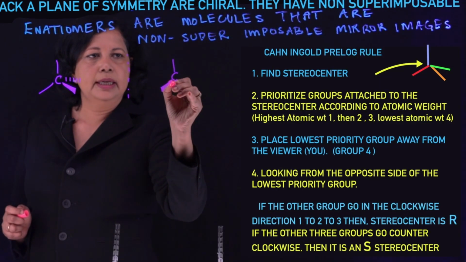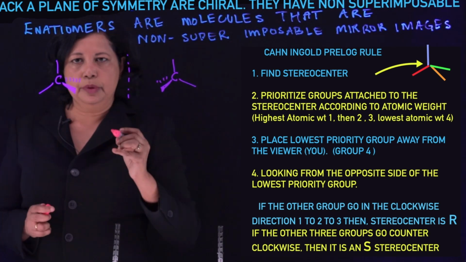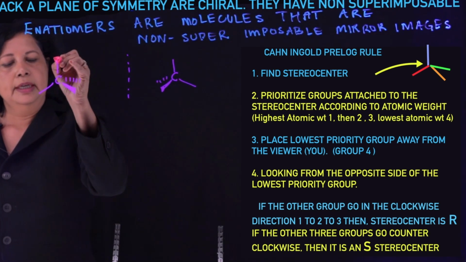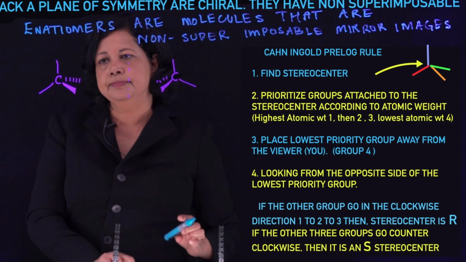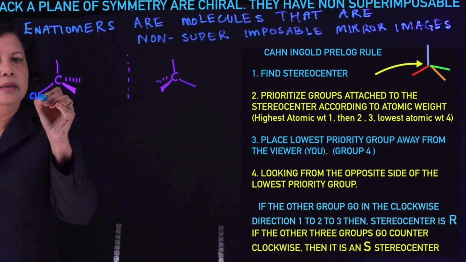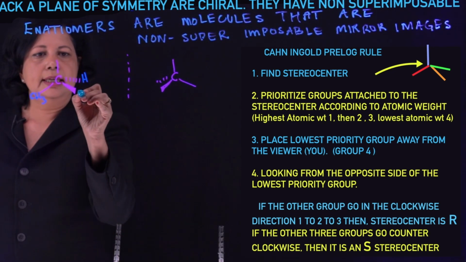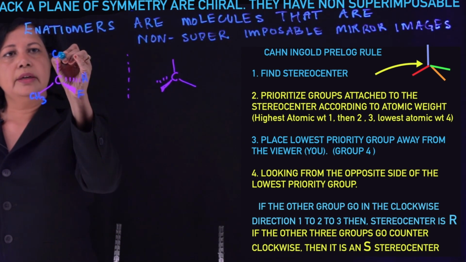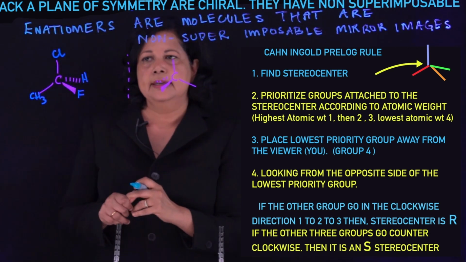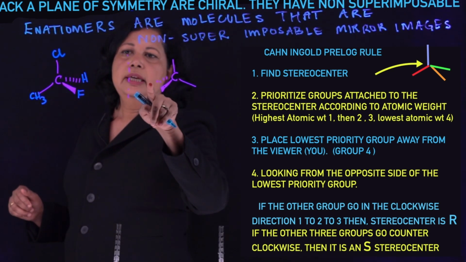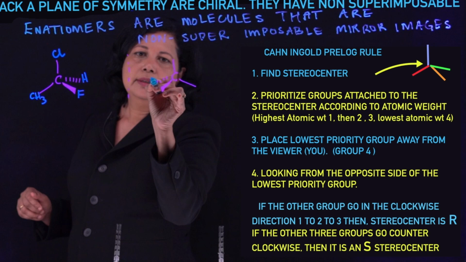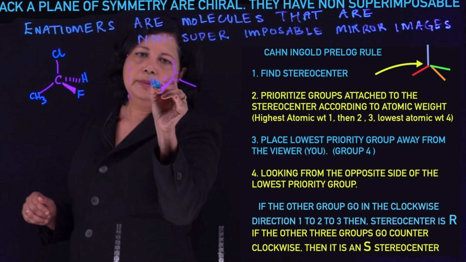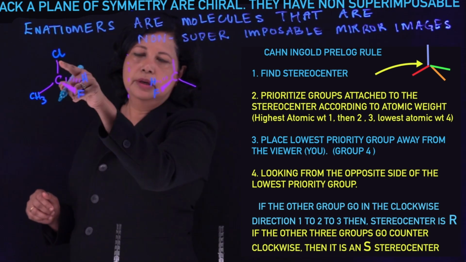And of course, right now, let's put some groups on it. Let's say you have a carbon here, hydrogen, a fluorine here, a chlorine here, a fluorochlorocarbon. And over here, let's draw the mirror image. Again, what's behind is just a mirror image.